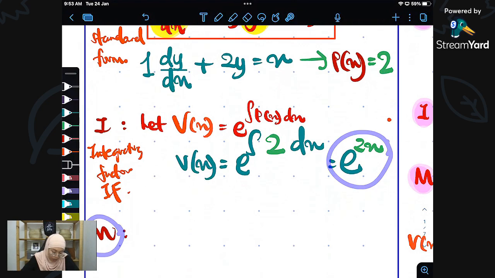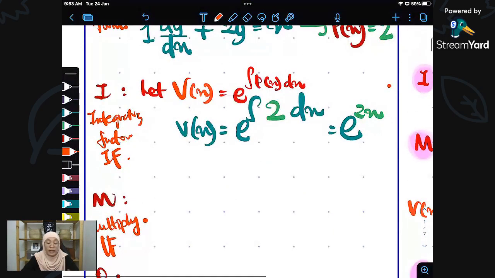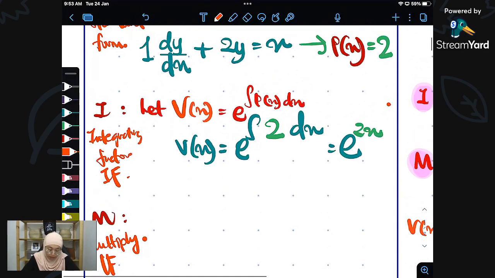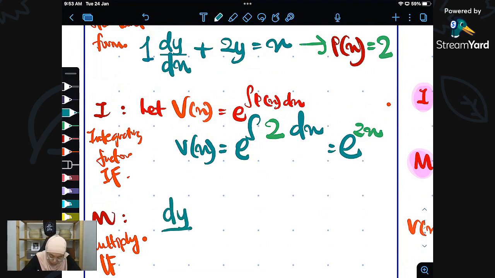M means multiply. Multiply our integrating factor into every term of our standard form. So I write down our standard form first: dy/dx.